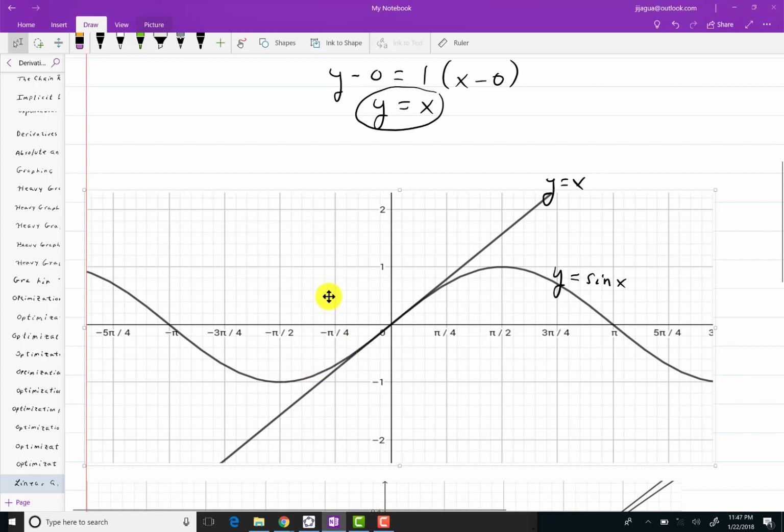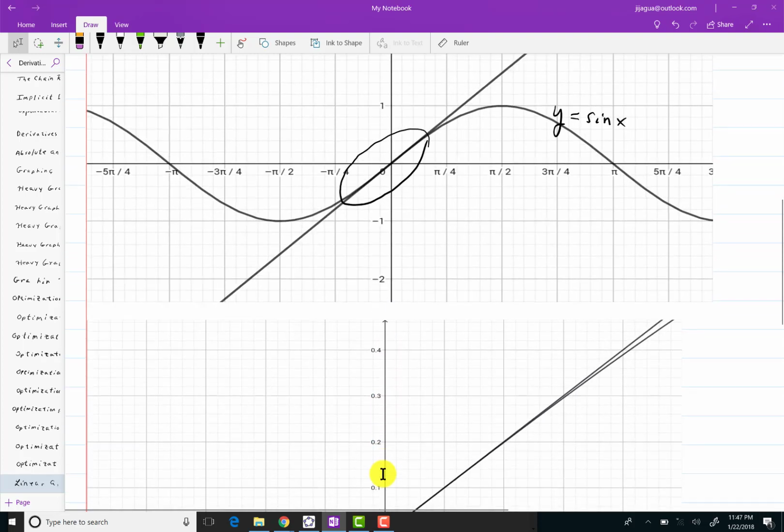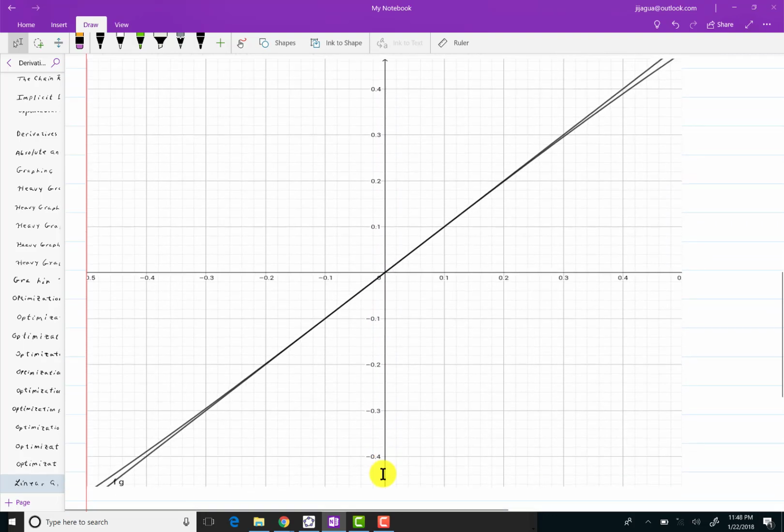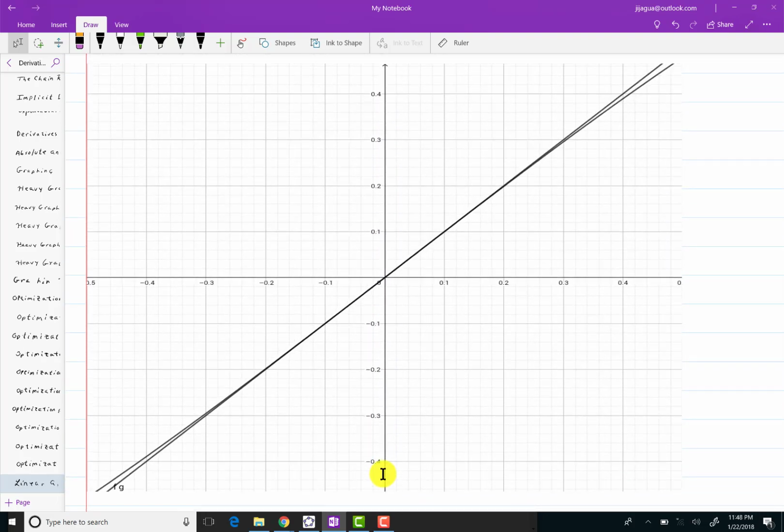But I'm more interested in right in the middle here. Notice how close the two of these functions seem to each other in this small region. Let me circle it. Somewhere in here, they virtually seem like the same graph. Let me zoom in some on these two things. I would say they look anywhere from here to here.